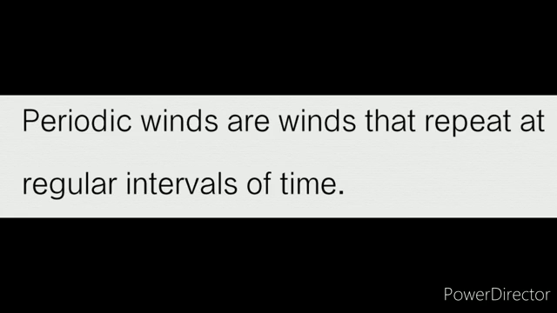These periodic winds change their direction periodically with the change in season and day and night. They are mainly caused by unequal heating and cooling of the Earth's surface and due to variations in atmospheric pressure.